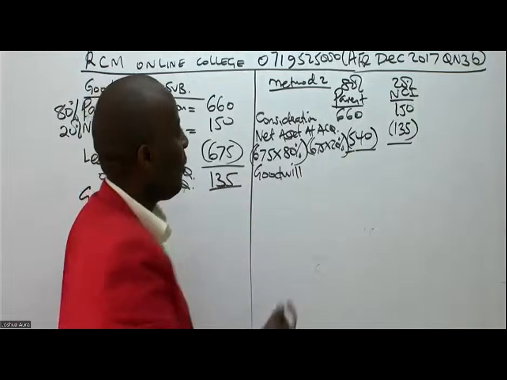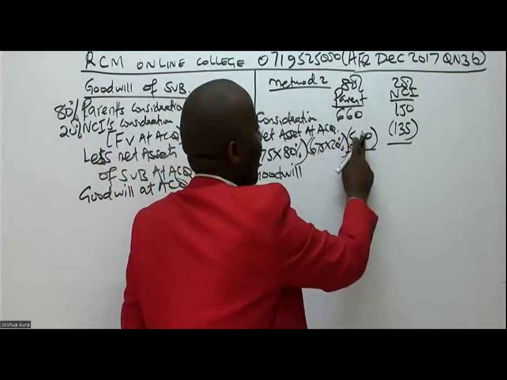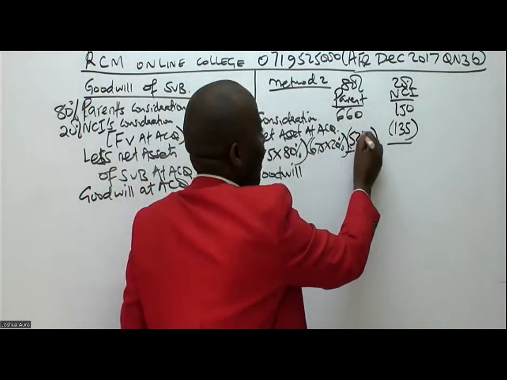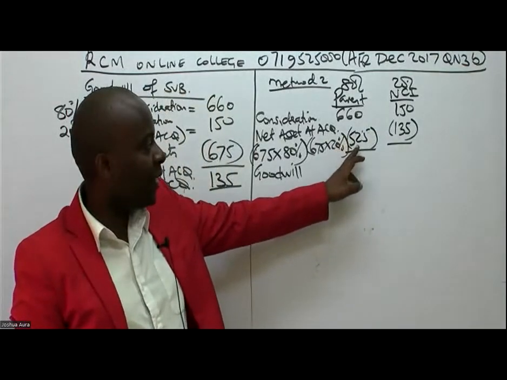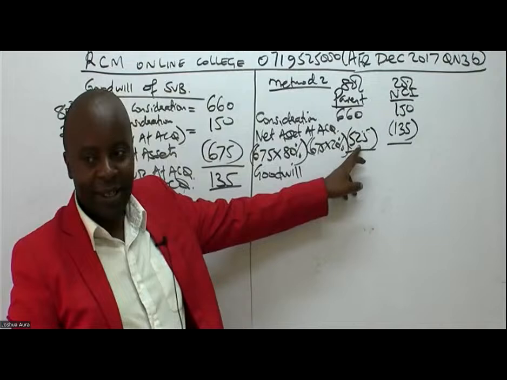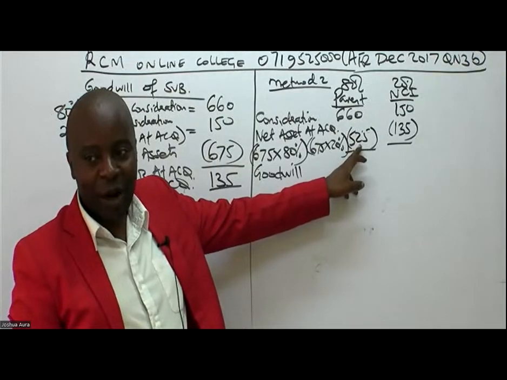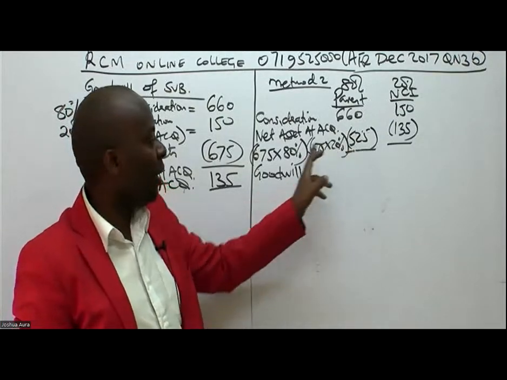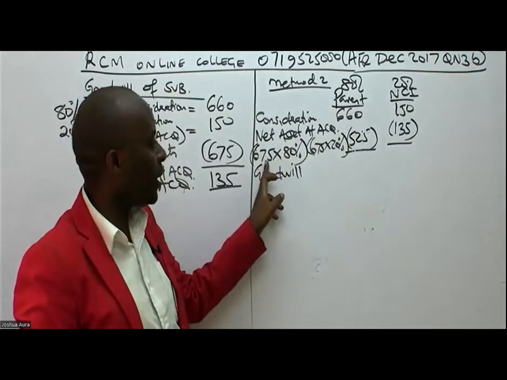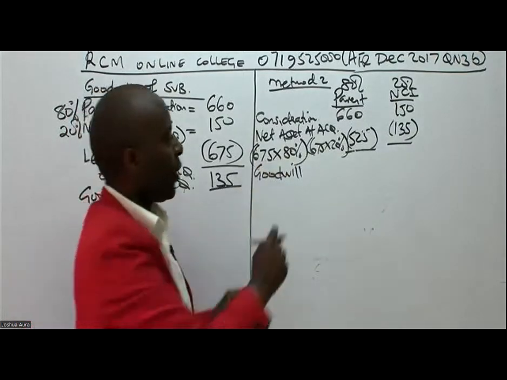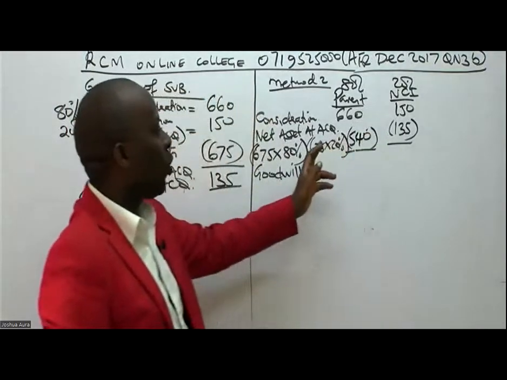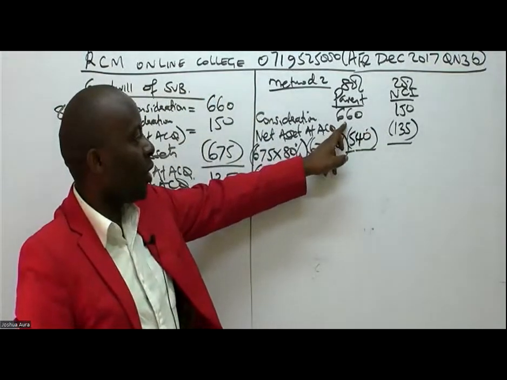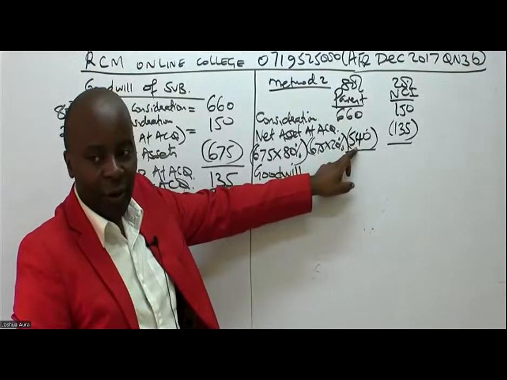It's supposed to be 80% of 675, which is 540, okay. So here we have 540. Then goodwill is the consideration minus 540, which gives me 120.